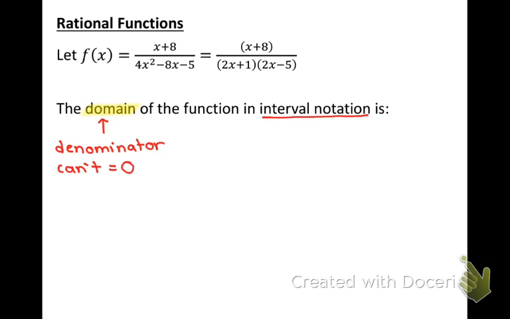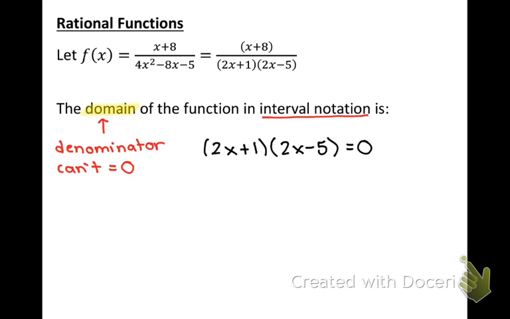That's what gives me my restricted values. And remember, domain, denominator, they both start with D, so that's an easy way to remember that it's the denominator that can't equal 0. So to start out with, we need to set 2x plus 1 times the quantity 2x minus 5 equal to 0.